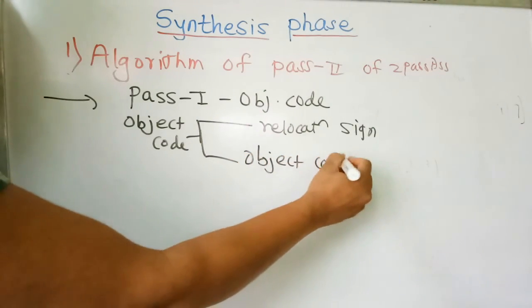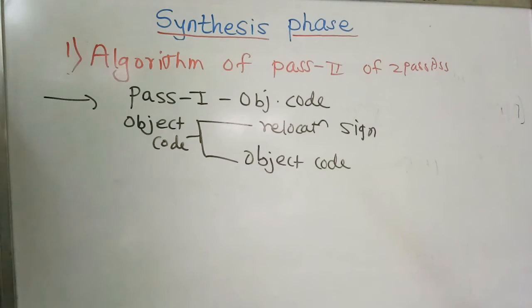Okay. Object code cannot be executed in other memory areas. If an address-sensitive instruction is present, then the relocation sign of the object code is plus, otherwise it is empty.